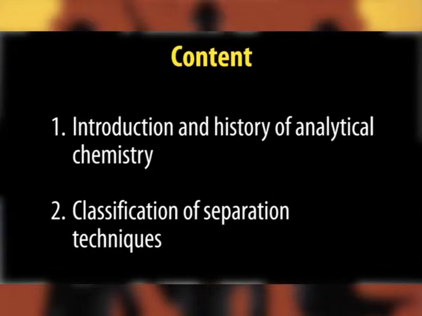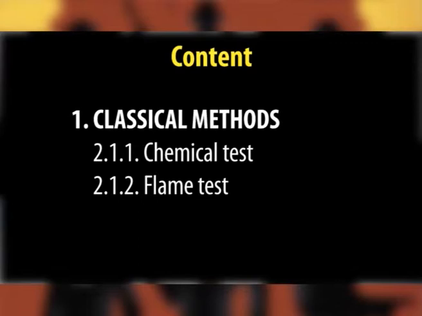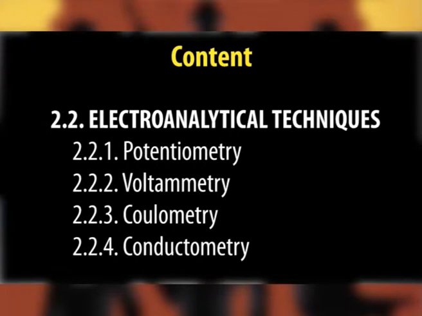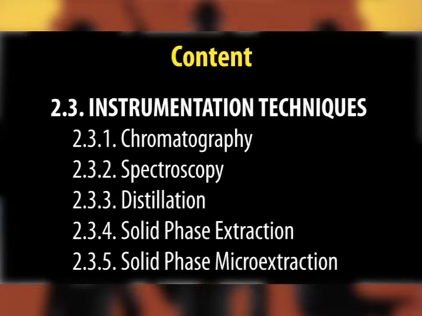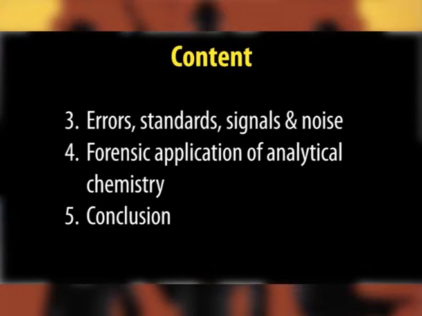Introduction and history of analytical chemistry, classification of separation techniques, classical methods including chemical test and flame test, electroanalytical techniques including potentiometry, voltammetry, coulometry, conductometry, instrumentation techniques comprises of chromatography, spectroscopy, distillation, solid phase extraction, solid phase microextraction, errors, standards, signals and noise, forensic application of analytical techniques, and finally we will conclude.